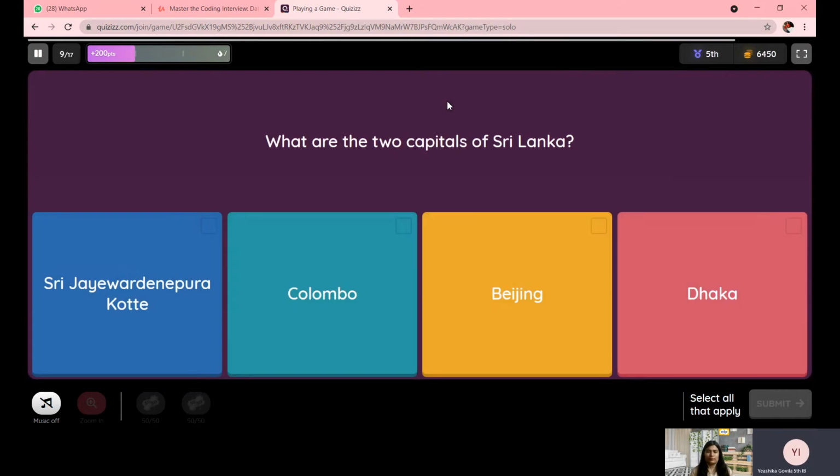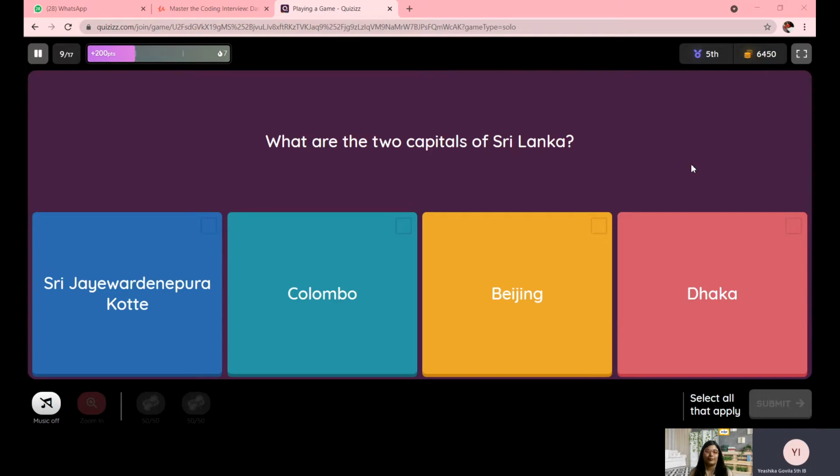What are the two capitals of Sri Lanka? The first one, and it can't be Dhaka. Dhaka is of Bangladesh. How can Beijing be there?